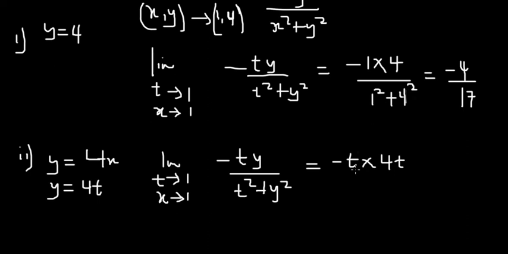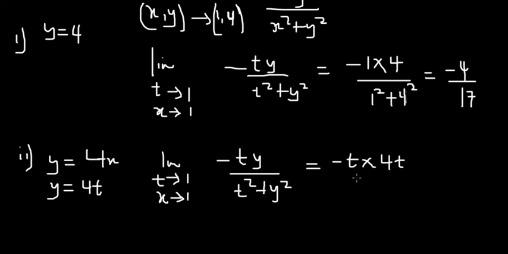You can't have something like t minus t times 4x. It's either we leave this the way it is and go by the limit of x approaching 1 and use x minus xy over x squared plus y squared, or we just introduce our t and substitute all x with t.